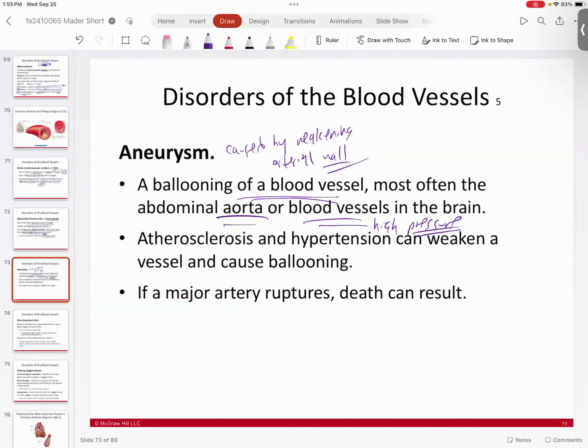Now, some of our patients had aneurysms, and they were living with them, because when you take a look at an aneurysm, it's not just a burst, it's a swelling. Depending on the extent of the swelling, sometimes the cardiologists take a look at that. They usually will identify those by ultrasound. For instance, if you've got a carotid aneurysm, they will do a carotid ultrasound and be able to see the physical bulge on your carotid artery.